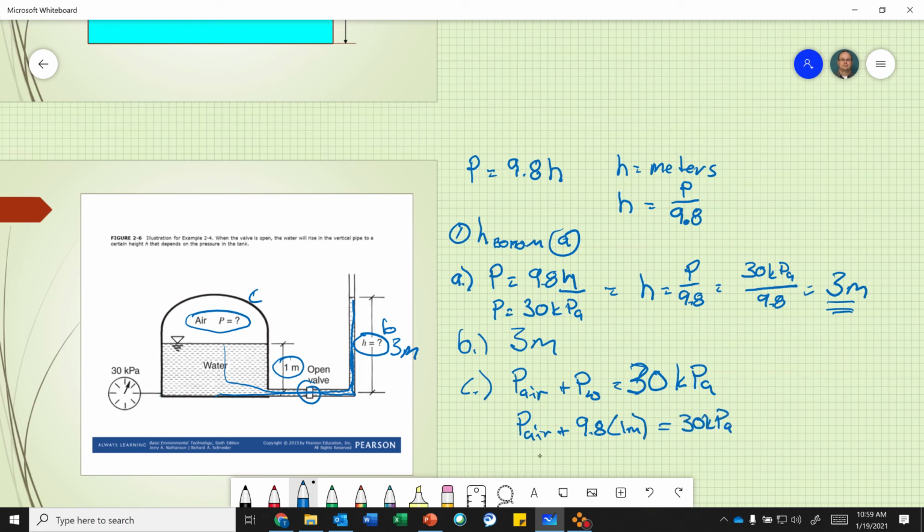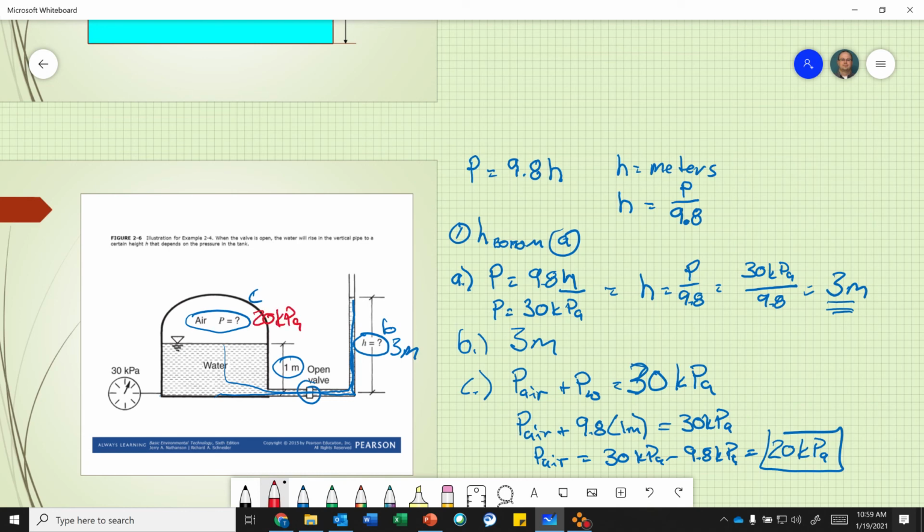So the air pressure P air equals 30 kPa minus 9.8 kPa. So 30 minus 9.8 is 20 kPa. Okay? Because 9.8 times 1 is 9.8. So the air pressure we have is 20 kPa.